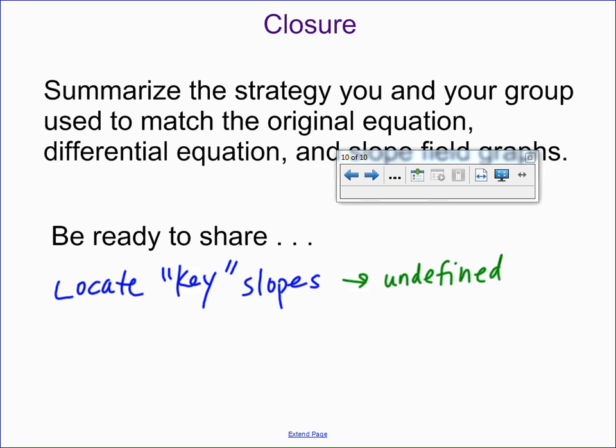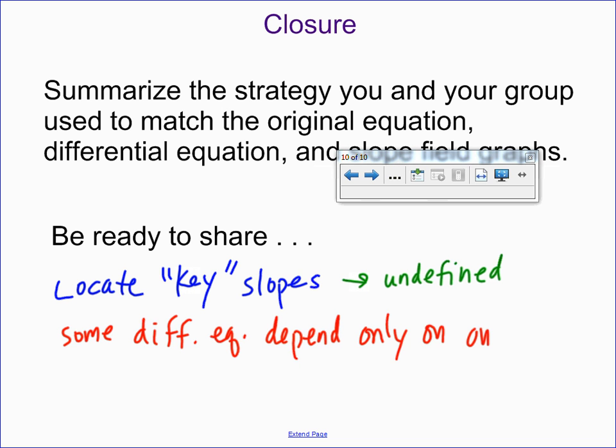So we can narrow down differential equations that depend on only one variable, since their slope fields were consistent either all the way up in a row or all the way across in a row.